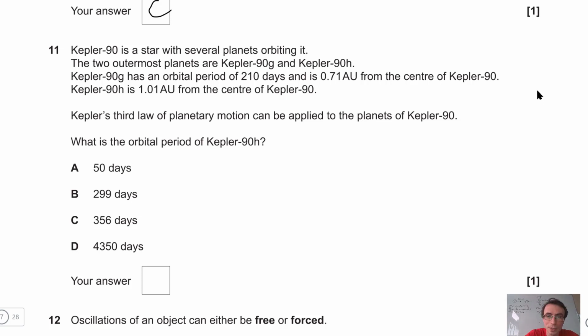Okay, so as soon as I'm reading this question, I know that pretty much I'm going to be using Kepler's third law. So Kepler's third law says that the square of the time period, so T squared, is proportional to, let me just write this a little bit better, T squared is proportional to r cubed.